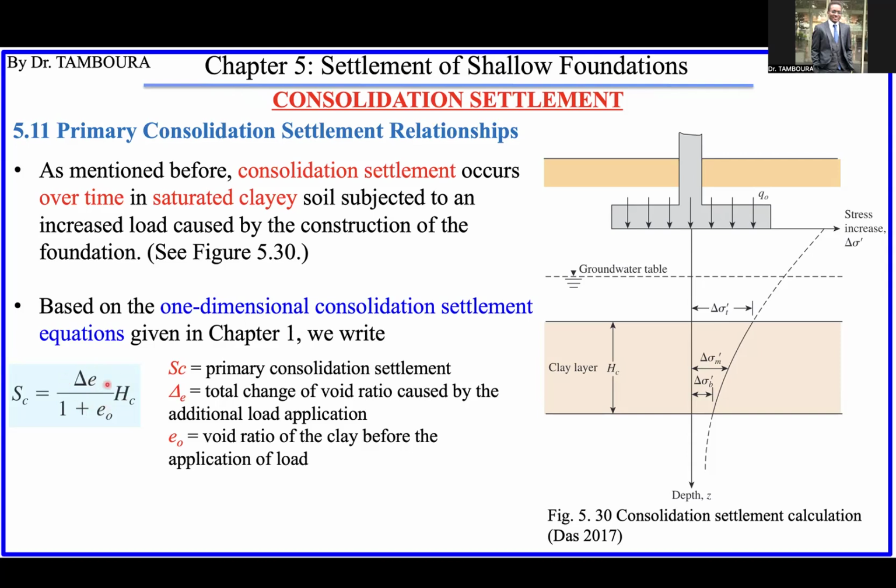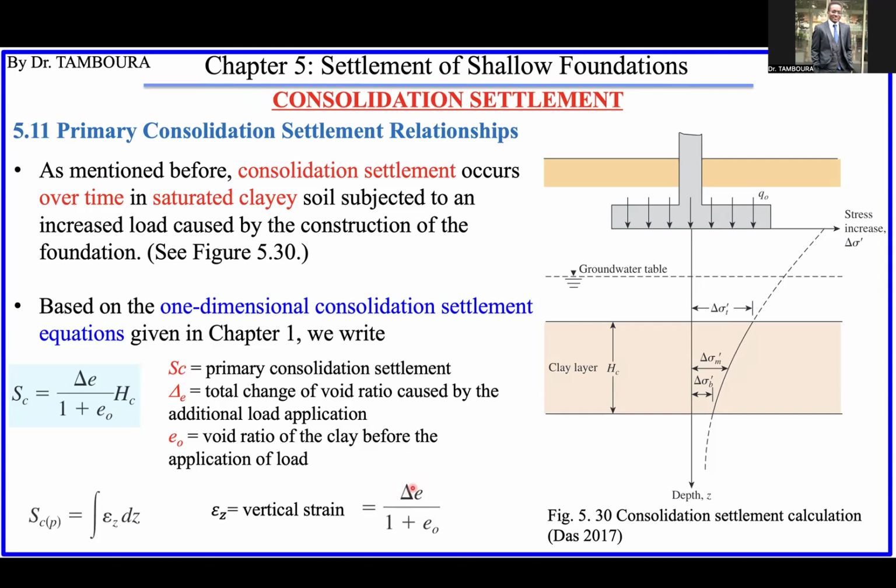So how do we obtain the change in the void ratio due to the additional load? Of course you have to do this for each clay layer. If you have only one clay layer, then okay. And you also have to do it normally for all the depths, the thickness. That's why what you are seeing here is just a vertical strain, because it changes in dimension.